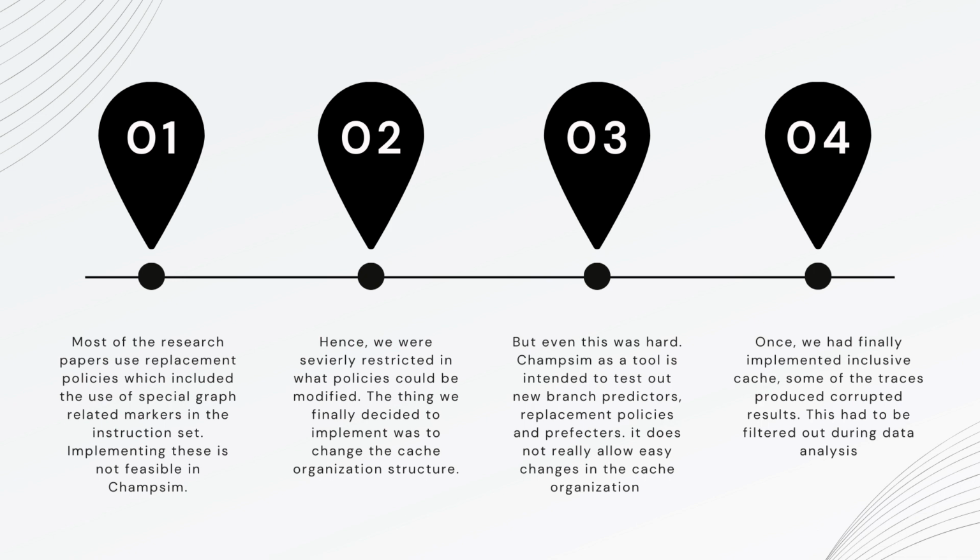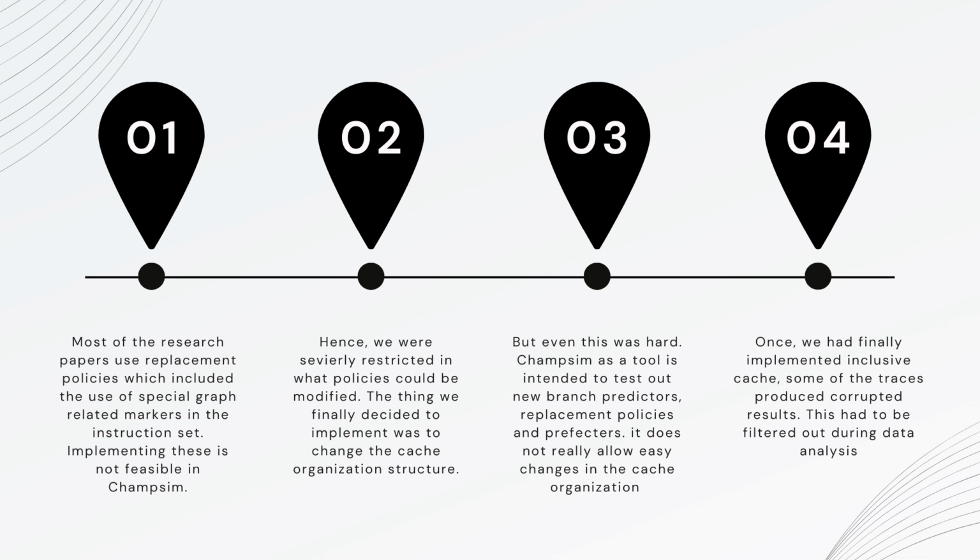It is not really geared towards changing the cache organization. Usually cache organization in ChampSim is non-inclusive. Changing that to inclusive requires a lot of work because we can't directly change it. We need to make functions to ensure that properties such as inclusiveness are always followed.